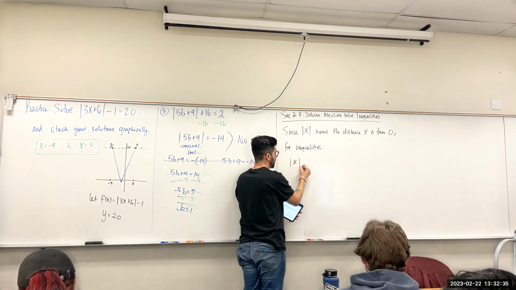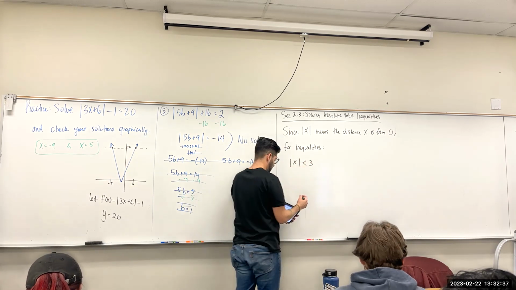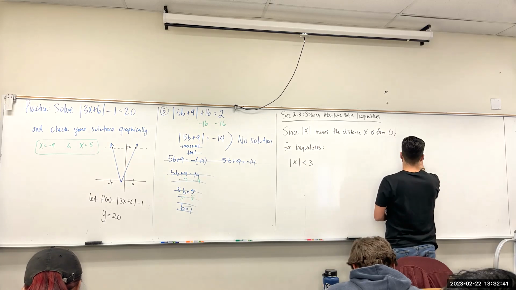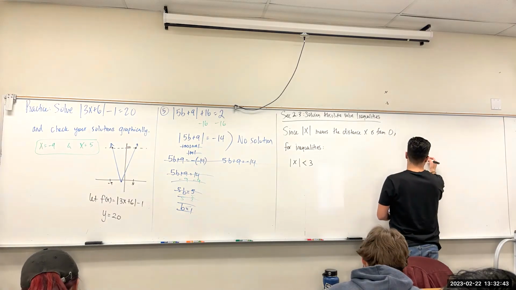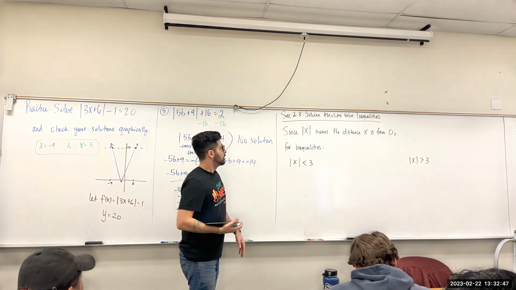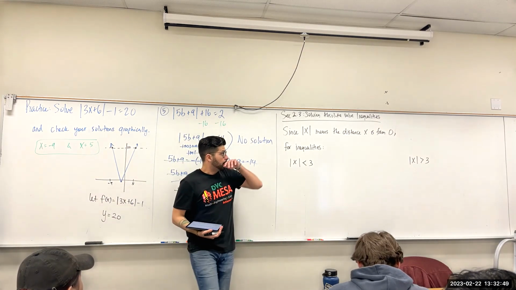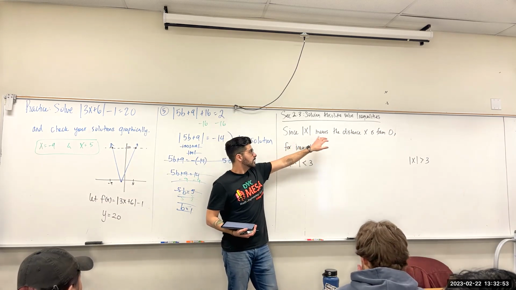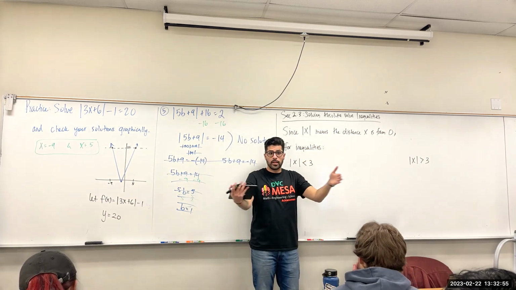The absolute value of x is less than 3, versus the absolute value of x is greater than 3. So we're thinking of the absolute value of x as how many units away it is from 0.